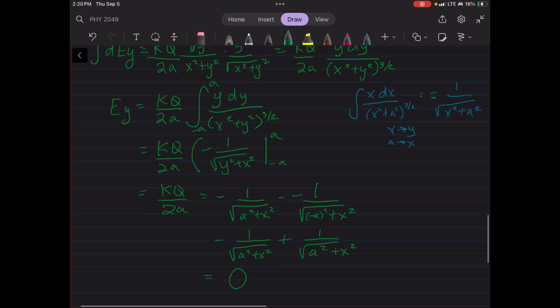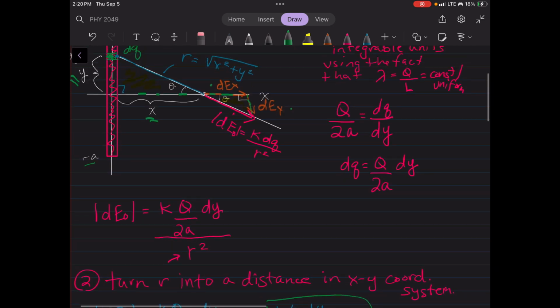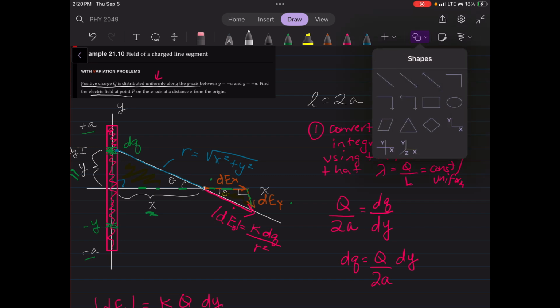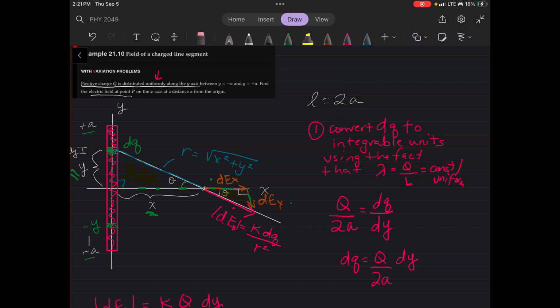Let's prove that to ourselves and make sure our math was right. Here I chose an arbitrary dq, a distance y from the origin. Now what if I choose another dq, a distance negative y from the origin? Symmetric. Let's draw the electric field vector there, and prove to ourselves that the y components cancel.